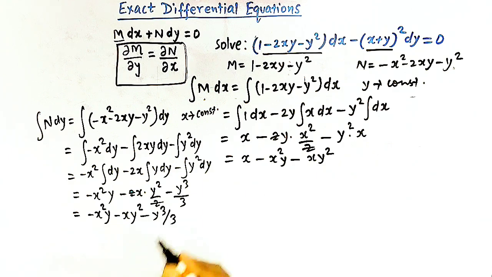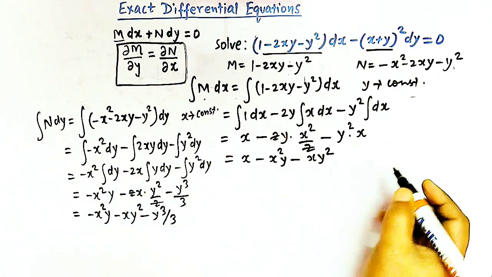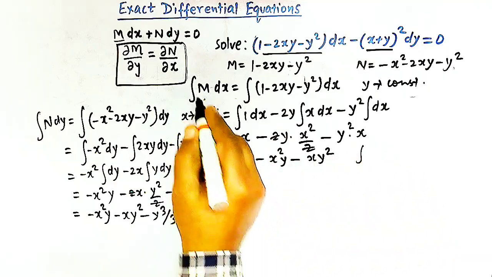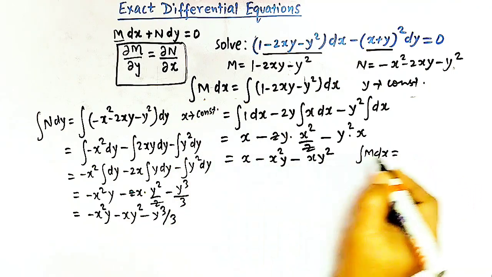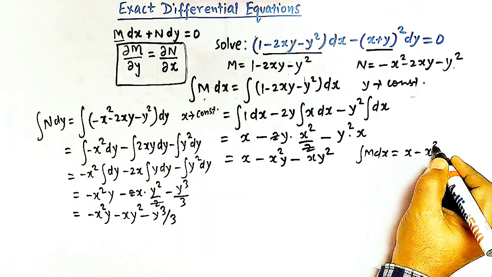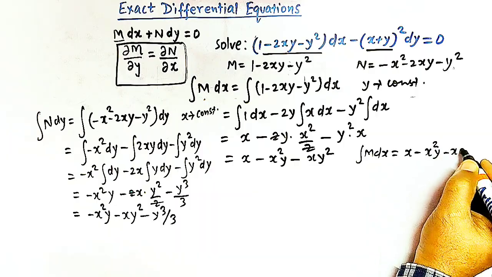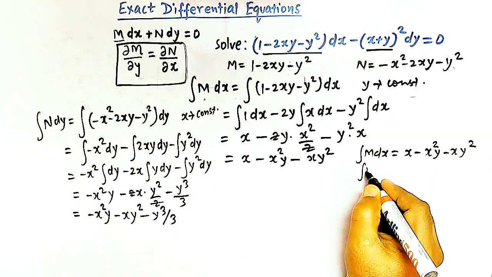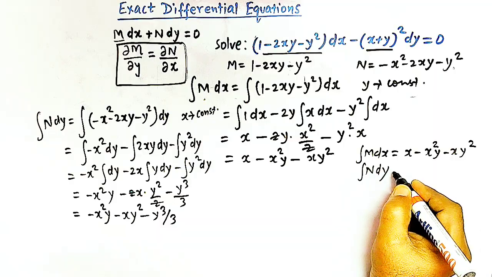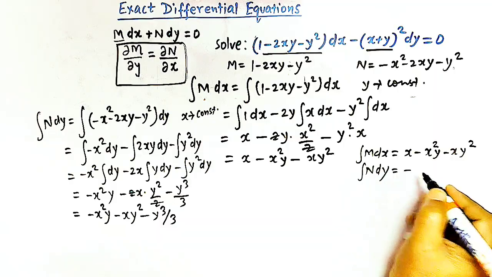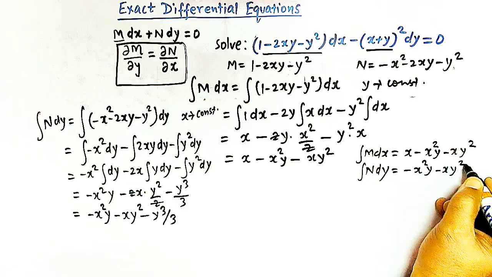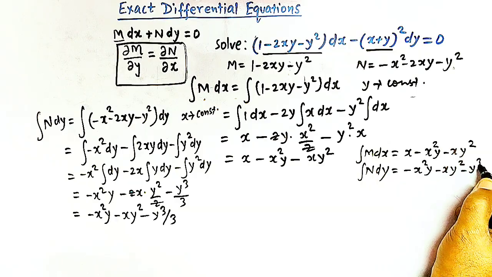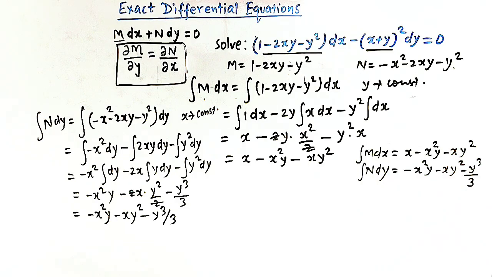So we have now obtained integral of M dx as x minus x square y minus xy square, and integral of N dy as minus x square y minus xy square and minus y cube over 3, right?